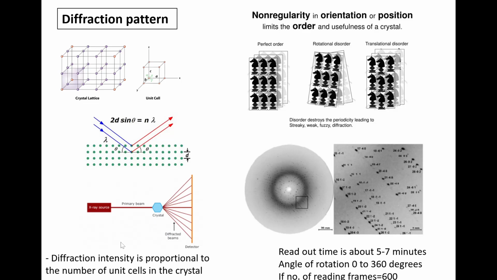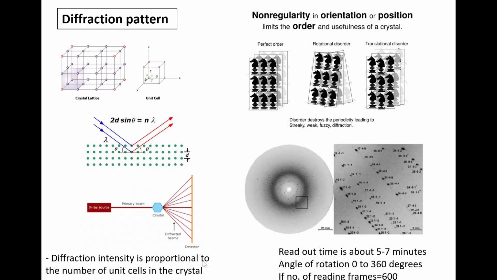Now this diffraction intensity, which means how much this structure factor value is increasing, is proportional to the number of unit cells in the crystal. So if a crystal has a large number of unit cells, the diffraction intensity will be higher.